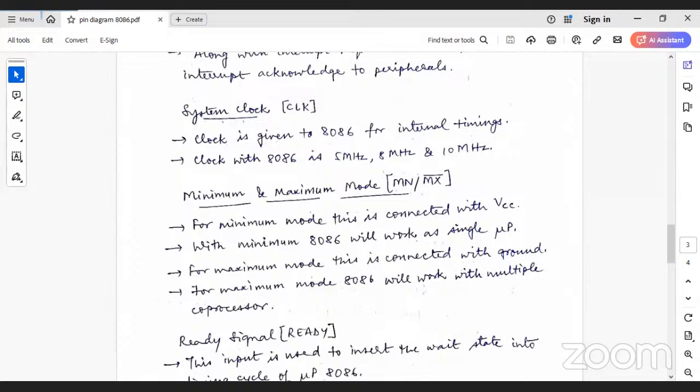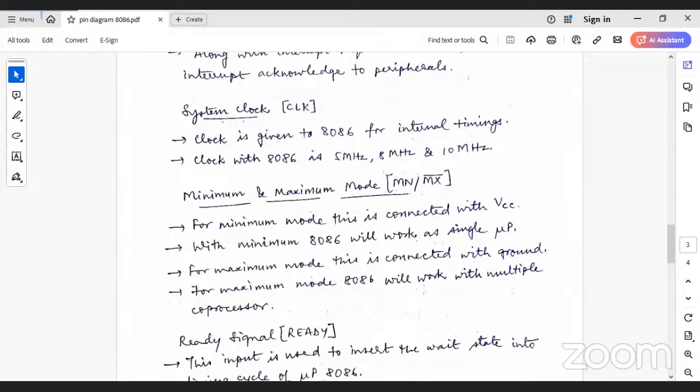So when that is connected to ground, 0 bar will become 1 there. So don't think about that MX bar as a different thing. Simply you can take that when MN slash MX bar is at logic high, it works as a single processor.